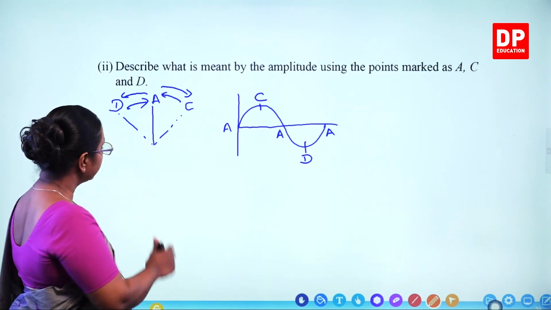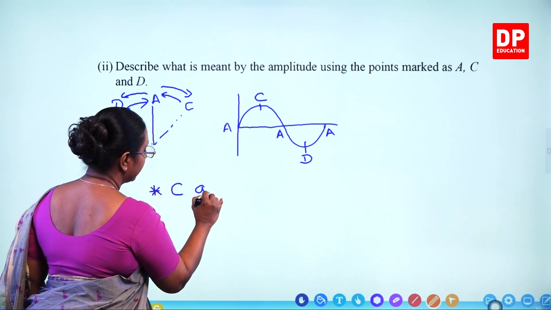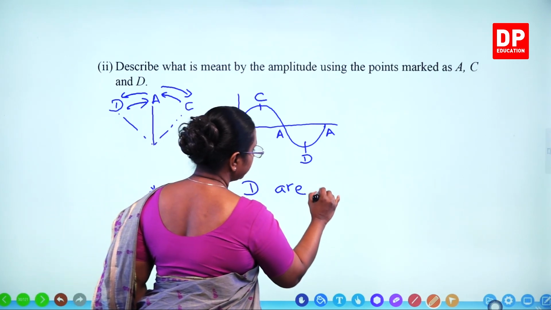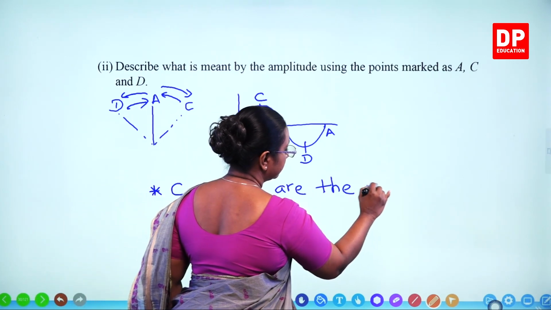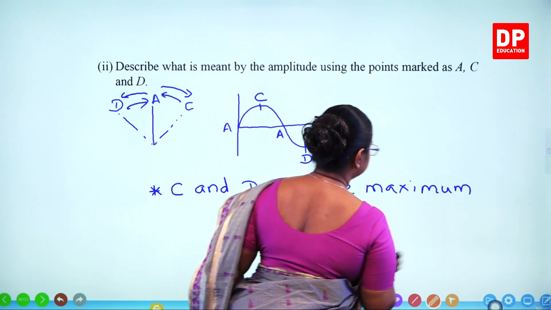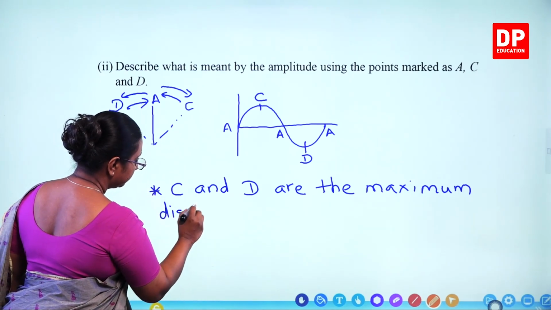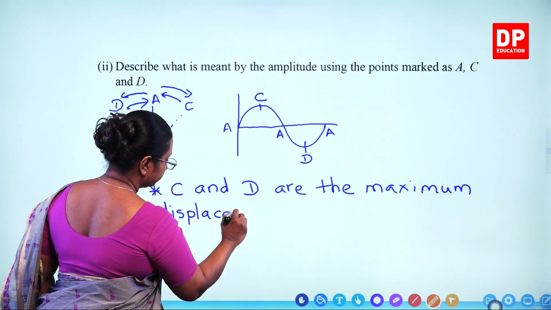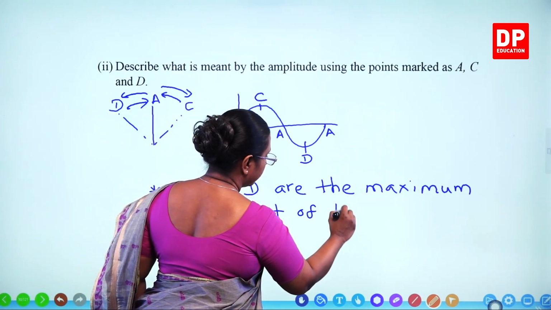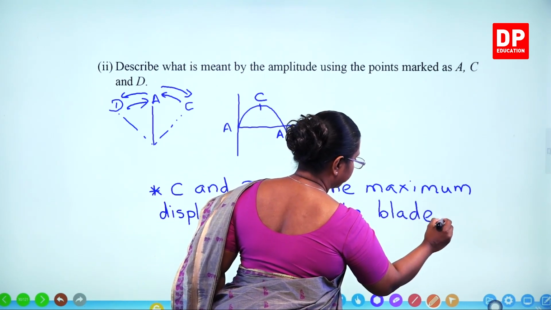So according to the diagram, if you write down C and D are the maximum displacement of the blade.